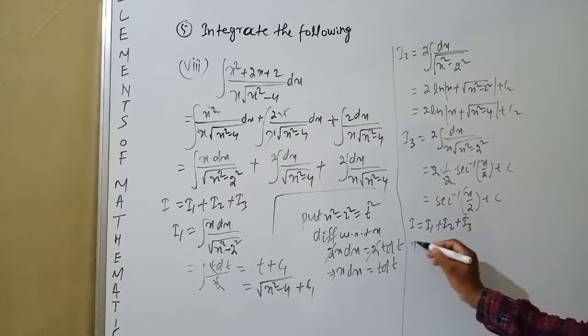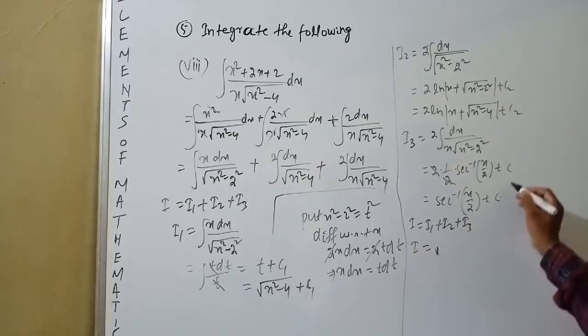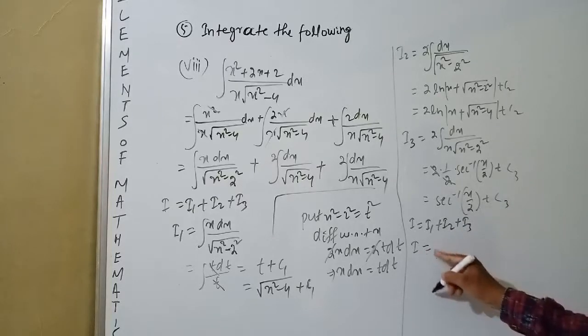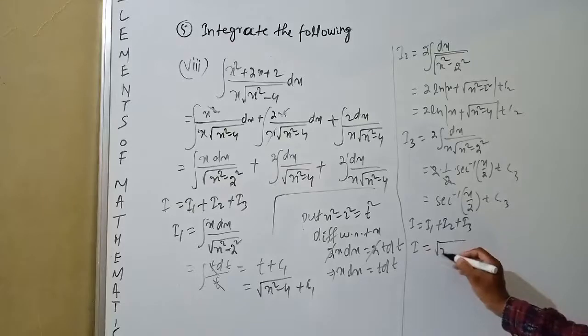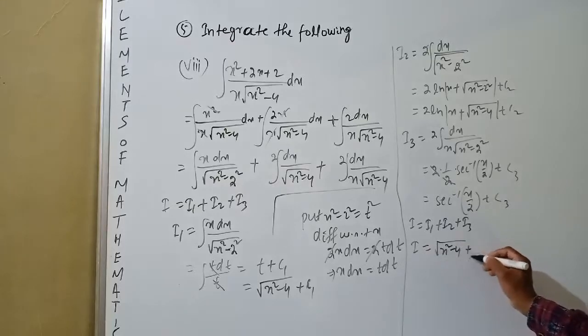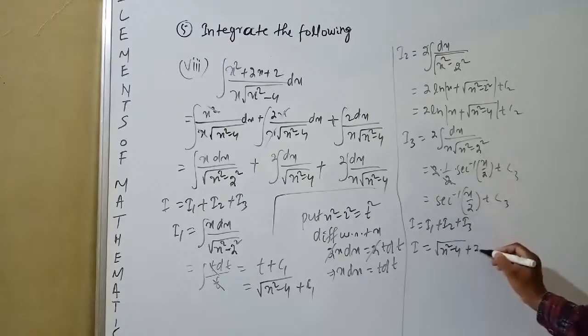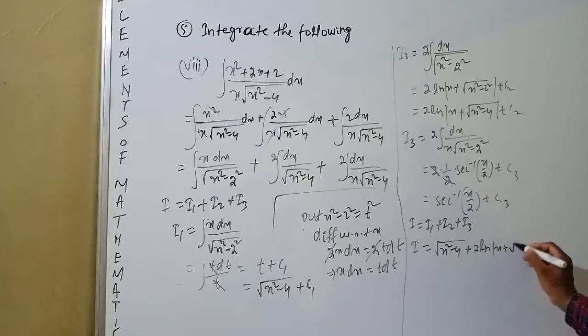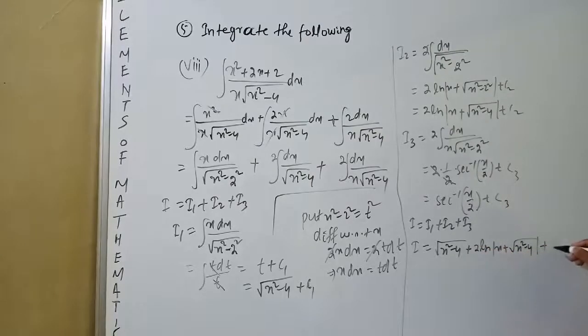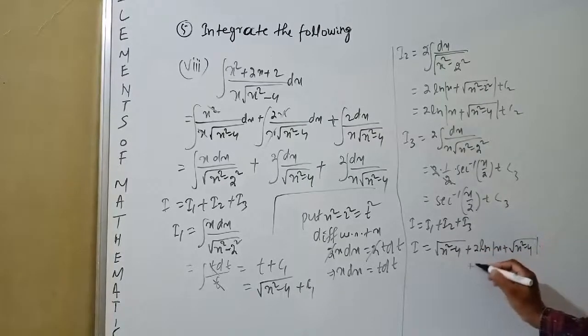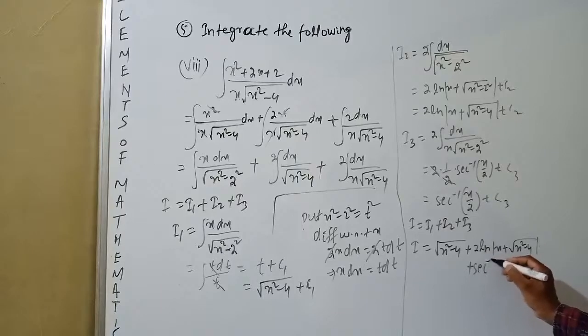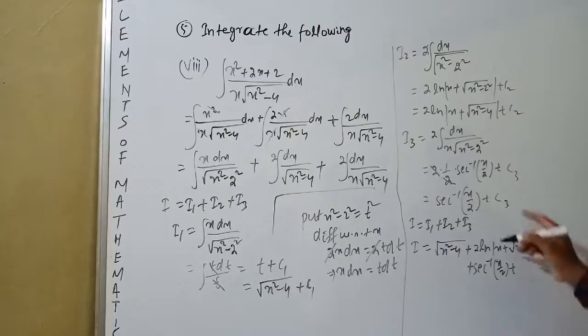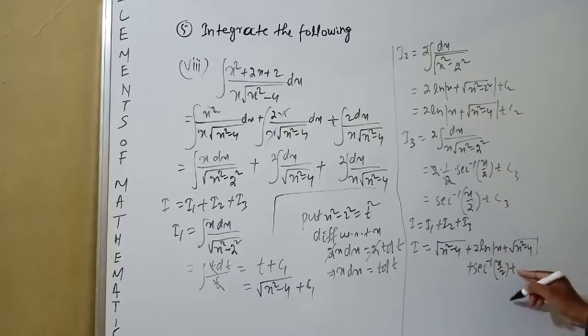Okay, that means I is equal to I1 plus I2 plus I3. I1 is equal to root over x square minus 4, I2 is equal to 2 ln |x + root over x square minus 4|, I3 is equal to sec inverse x by 2, plus c1 plus c2 plus c3, again also a constant.